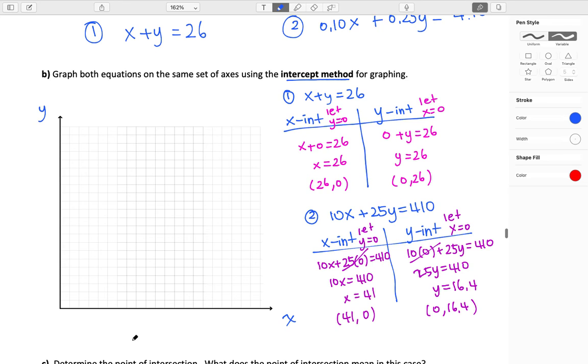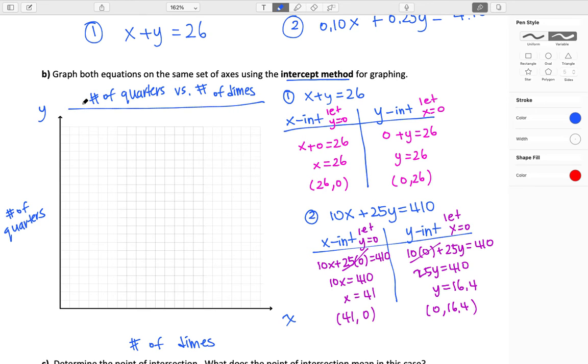So your title is going to be number of quarters versus the number of dimes, underlined.